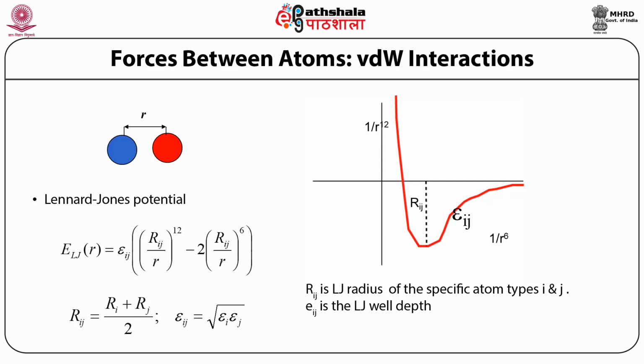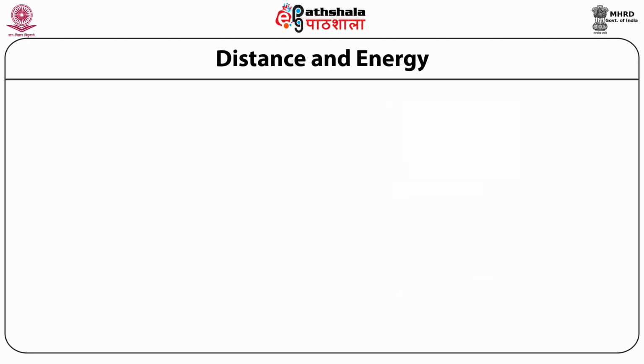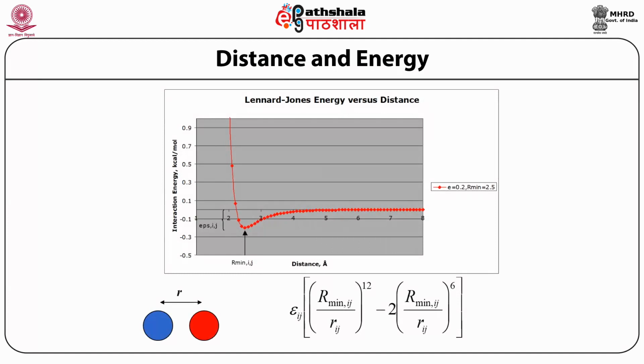We can calculate the average distance like this, and the epsilon ij can be calculated by this expression. Distance and energies are shown across here in a detailed function used as the 6-12 potential. Major cases, this is how it looks.